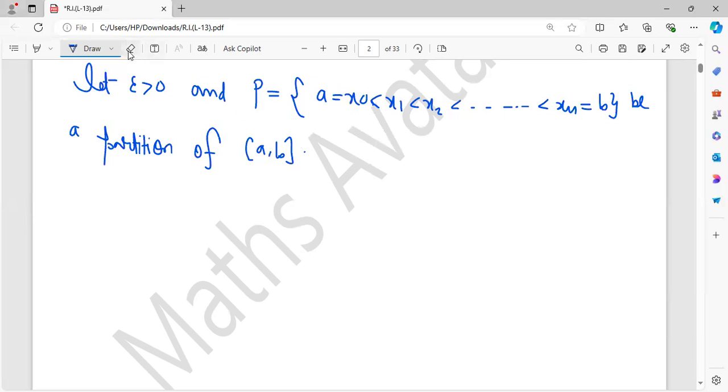And we are taking its norm, and let P be a partition with norm of P less than epsilon upon f(b) minus f(a) plus 1. We are taking this one. I am taking my delta as epsilon upon f(b) minus f(a) plus 1.